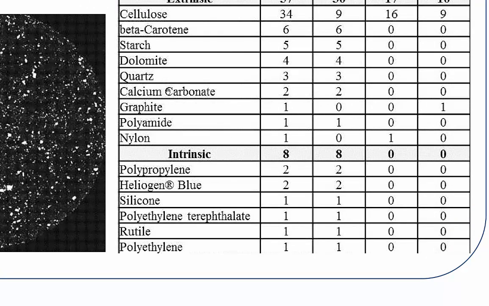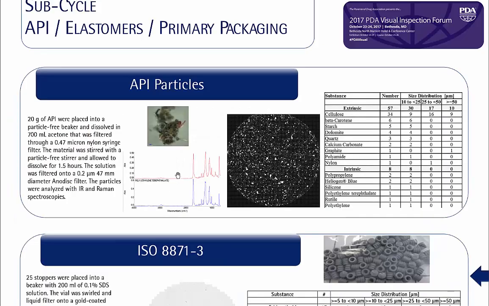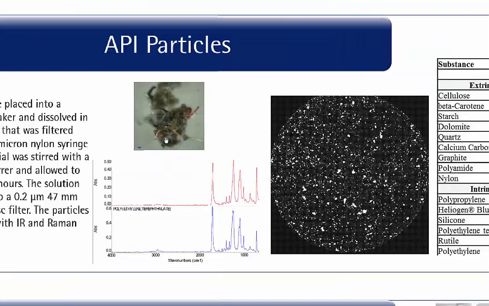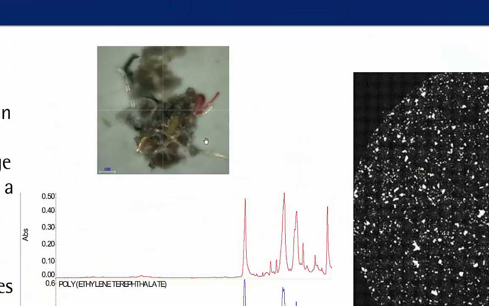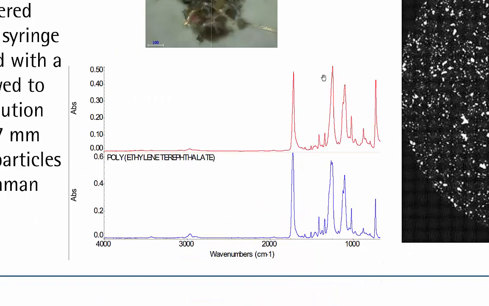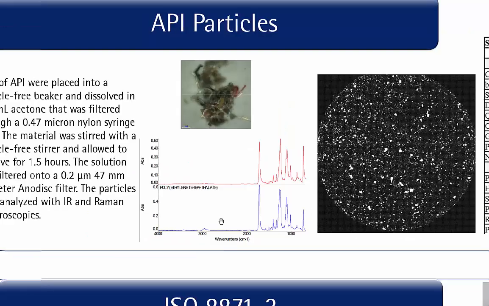If you ask yourself, what is a typical source of cellulose in my production, you might also take a look into the API, even if it's filtered before you fill it. We also found one large particle in the API, and that's its chemical signature with the ATR, for example.